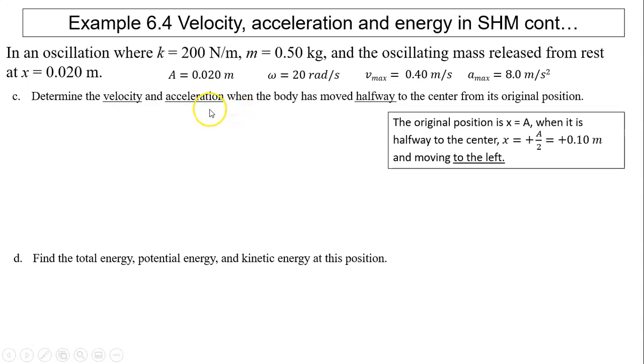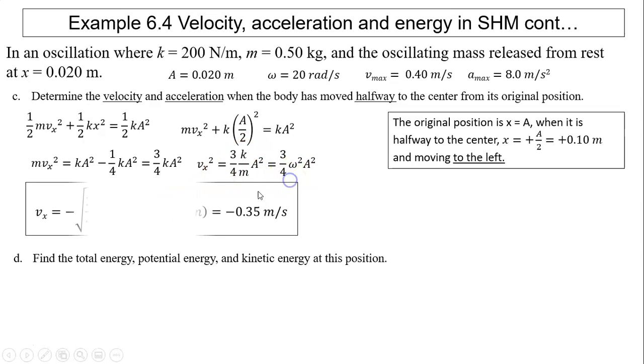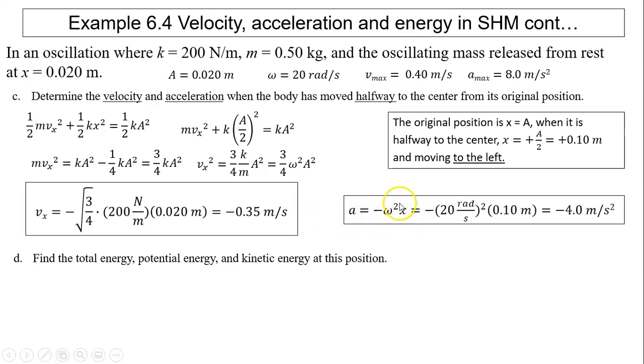How about acceleration? Acceleration is negative omega squared x, so acceleration has to be negative as well. To find velocity, we can use conservation of energy. Plug the position in, and that's how you find velocity. And acceleration is negative omega squared x. That's how you find acceleration.